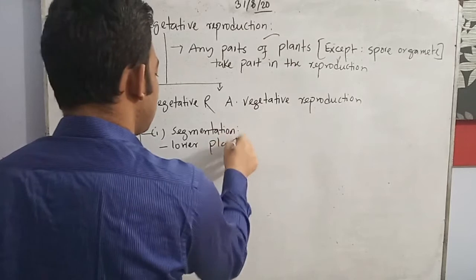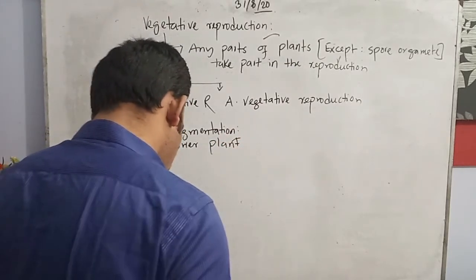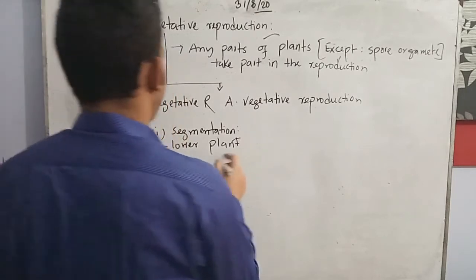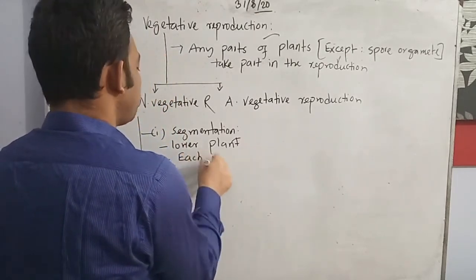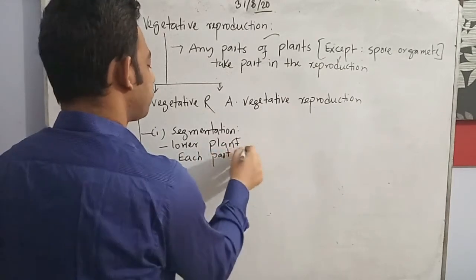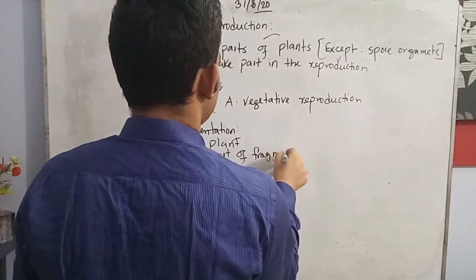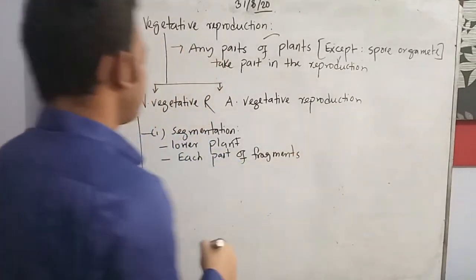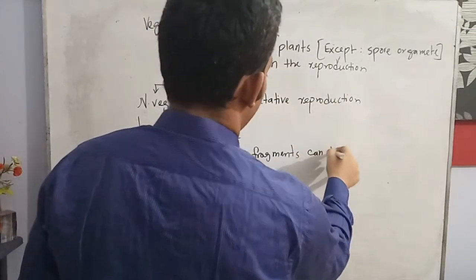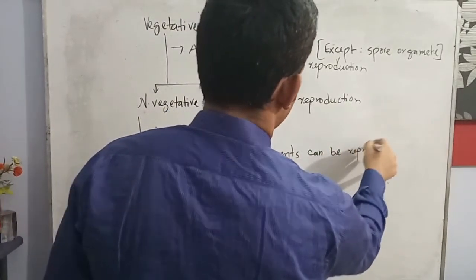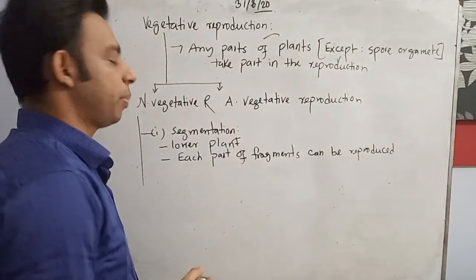We have seen it in the case of lower plants, and not only lower plants, each part of the fragments can be reproduced. Each part of the fragments can be reproduced.